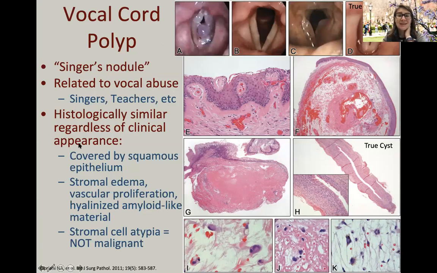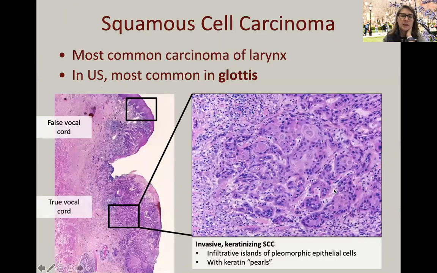Regardless of the clinical manifestations, histologically, they tend to be very similar, with vascular ectasia, with deposition of this eosinophilic stromal material, with some atypical stromal spindle cells. This is in contrast to true vocal cord cysts, which are truly lined by actual, usually respiratory or squamous type of epithelium. So vocal cord polyp versus vocal cord cyst.